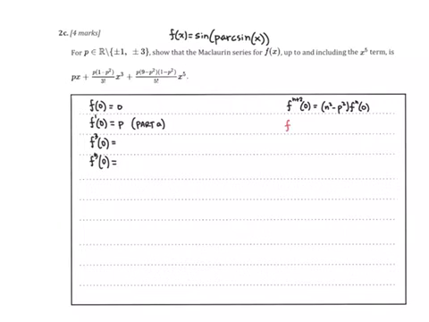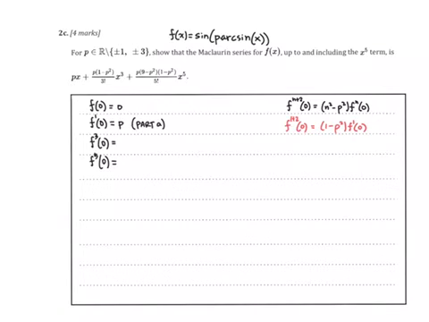Okay, so the 1 plus 2 derivative of f, which is the third derivative of f, evaluated at 0, would be n squared, n being 1 squared minus p squared times the first derivative, which was n, at 0. Notice here how this 1 is n, therefore this n is 1, and this n is 1.